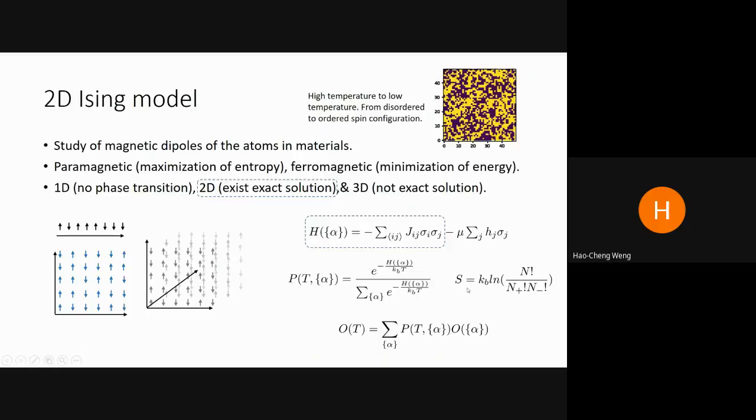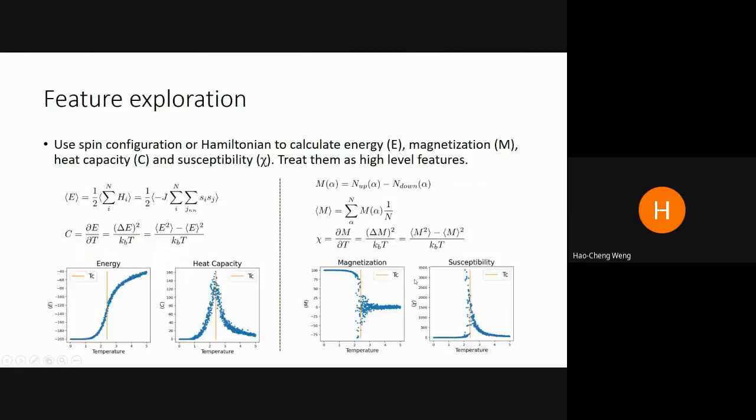So is that clear for you? So Hamiltonian can compute the total energy of the system, right? Yes. And you can compute the total entropy of the system. Yes. They can be the high-level feature.